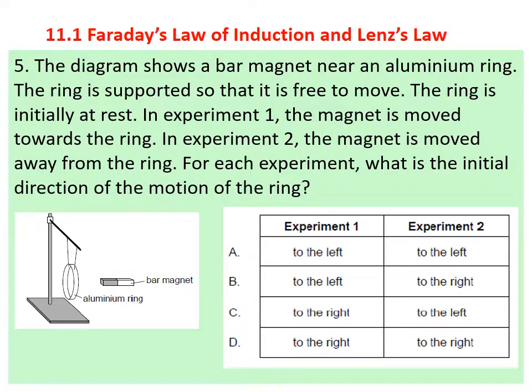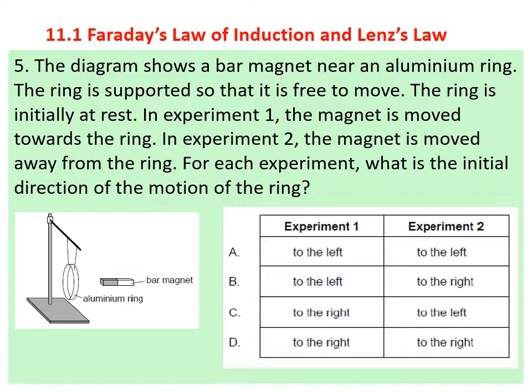Now remember, the bar magnet is coming in to the ring in experiment 1. So the aluminum ring is going to move such that it wants to get away from that magnetic field because it does things to oppose the changing flux. Then when the magnet is extracted from the ring, the magnetic field is changing, it's moving away, the B field strength is decreasing, so guess what the aluminum ring does?